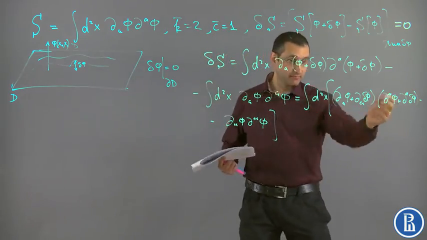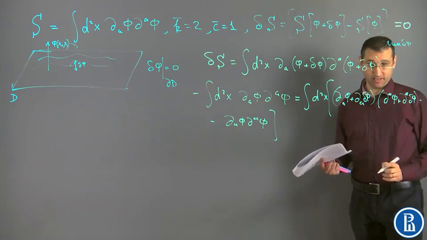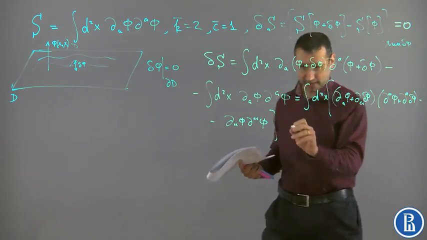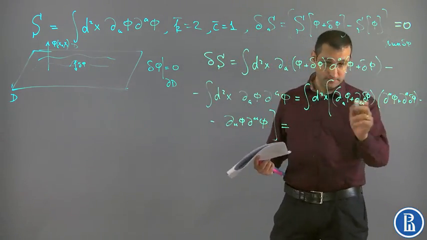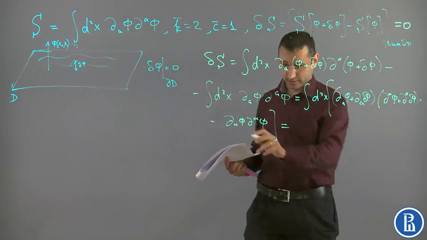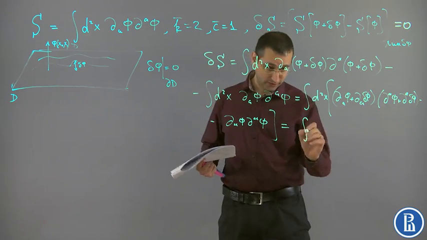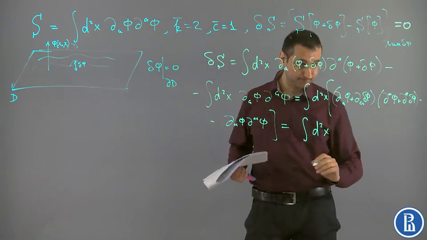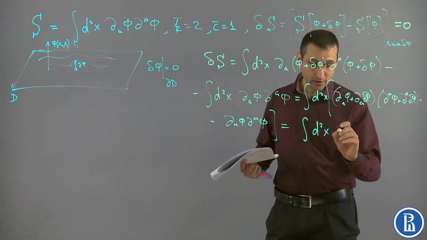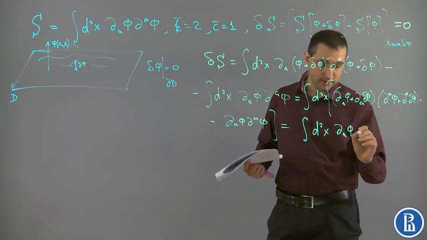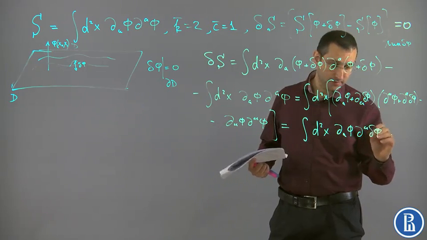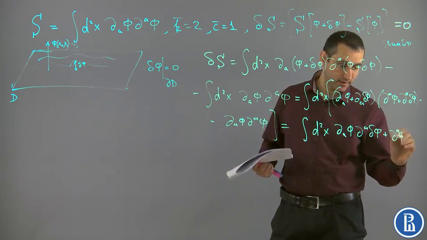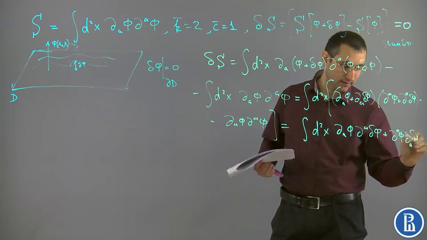Now expanding these brackets, because we want to keep only terms linear in delta phi, the zeroth-order term in the delta phi expansion cancels with this one. So what remains is just the integral d2x of ∂_A phi ∂^A delta phi plus ∂^A phi ∂_A delta phi.